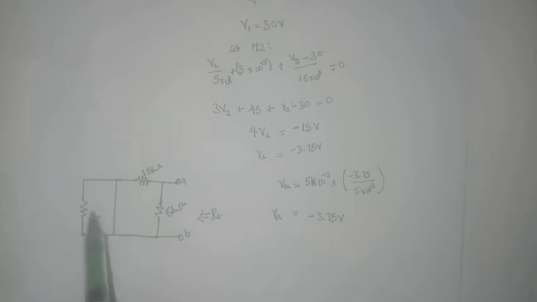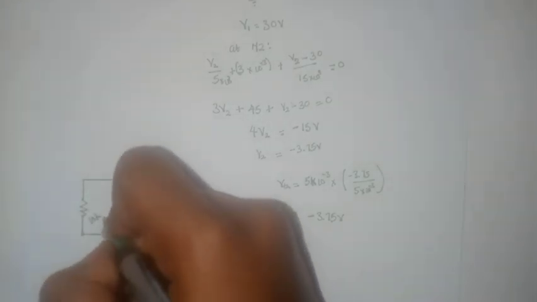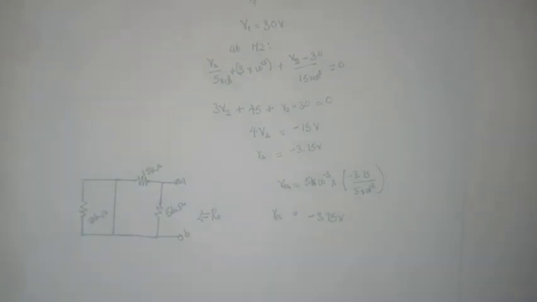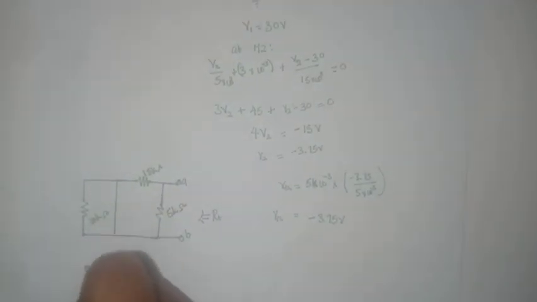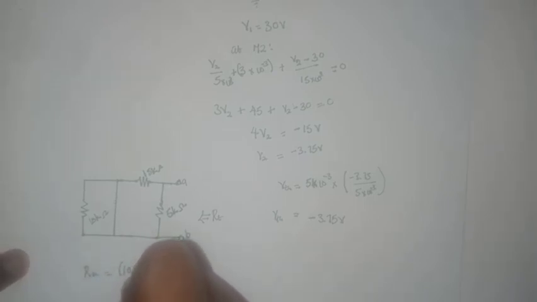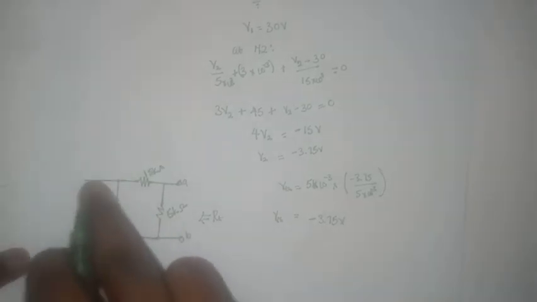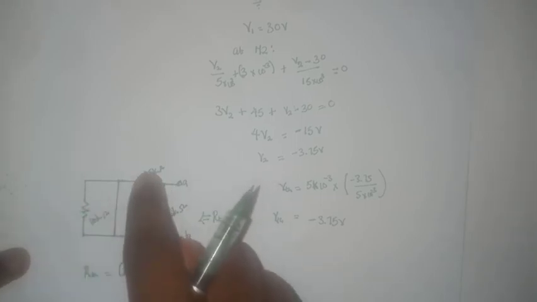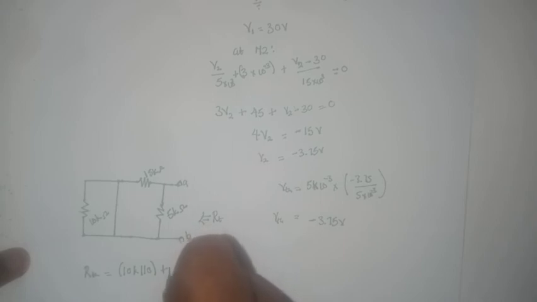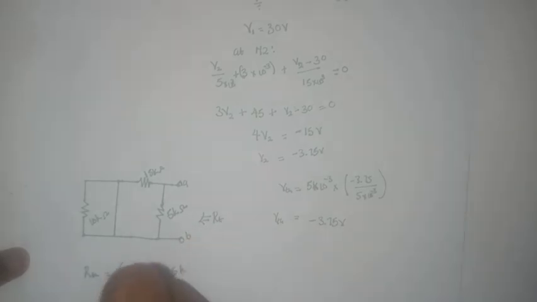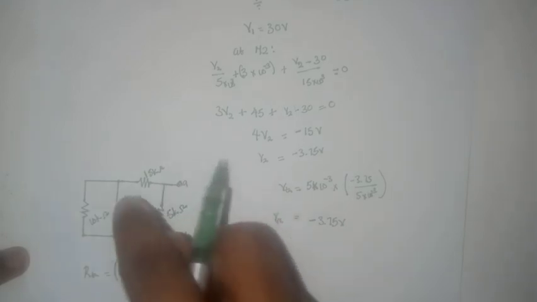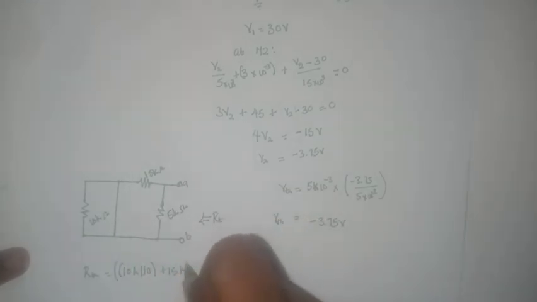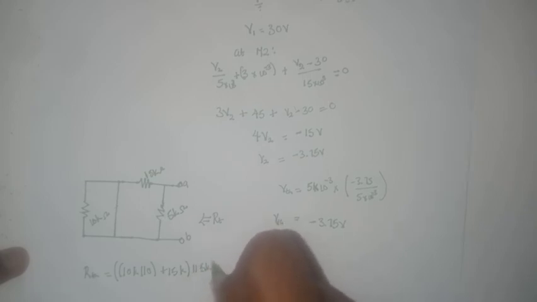So we notice that this 10k resistor is in parallel with a short circuit. So we say that RTH equals 10k in parallel with 0. Then these two resistors are in series with this, so plus 15k, then that would be in parallel with this 5k resistor.